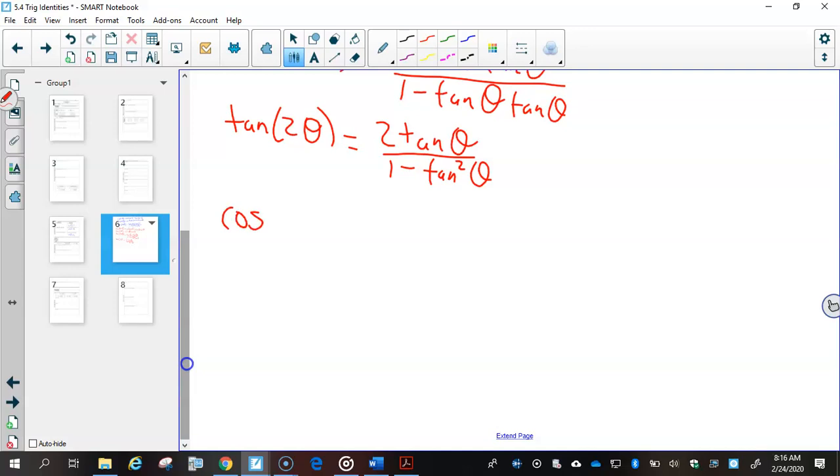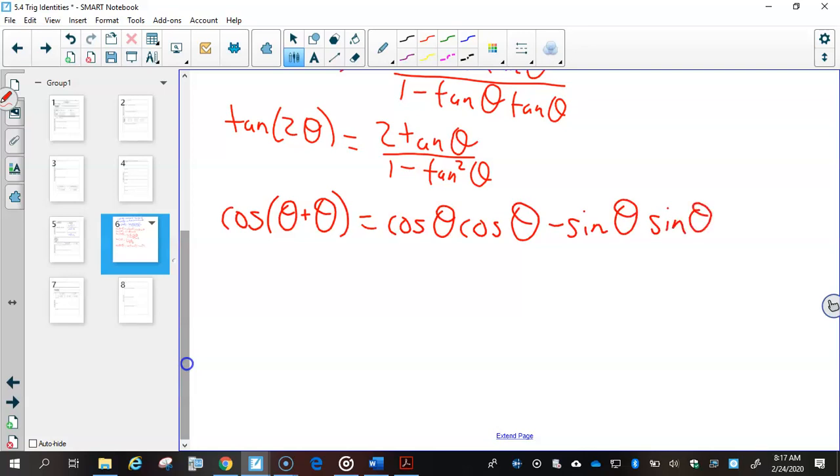For cosine, same thing. Now notice that for cosine there are 3 double angle formulas. Well, the first one is found by just condensing. A big thing you need to remember here is that this looks very similar to your Pythagorean identities, but this is not because you're subtracting.